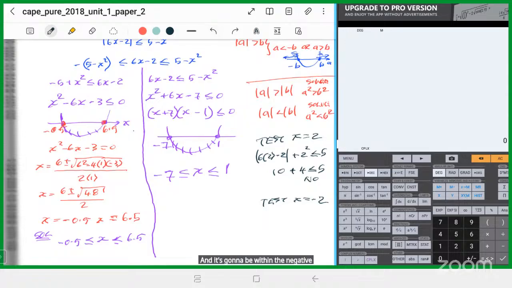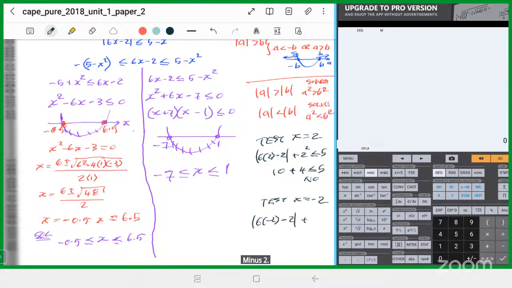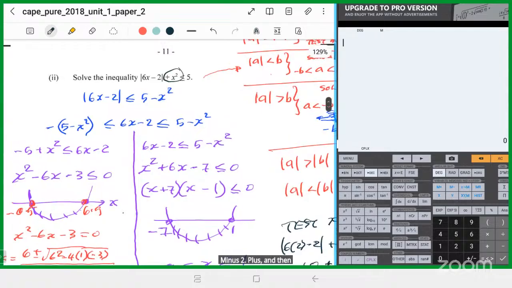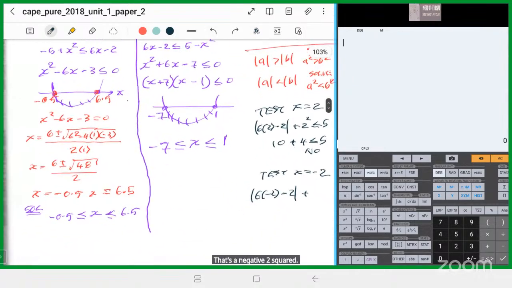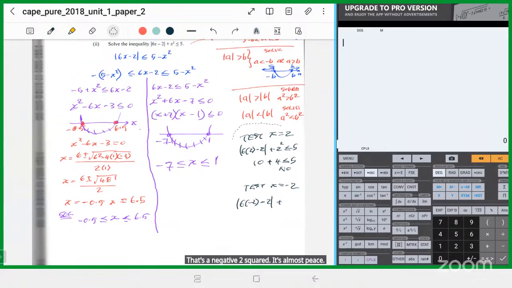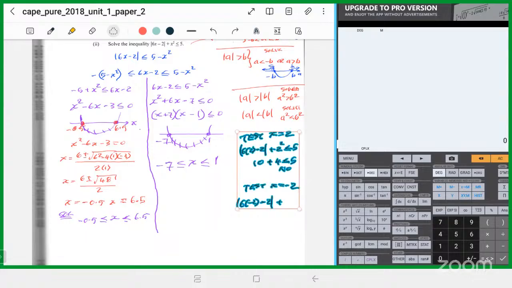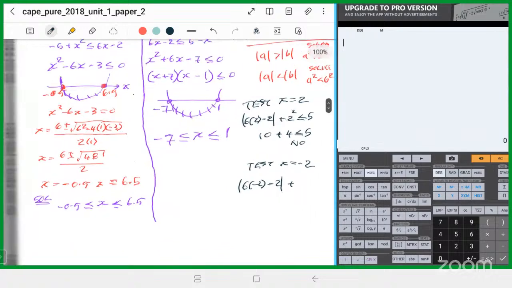So let's test -2. It will be the modulus of 6 times -2 minus 2, plus, and this now is x squared, that will be -2 squared. Need some more space. Let me shift this over a little bit and zoom in.